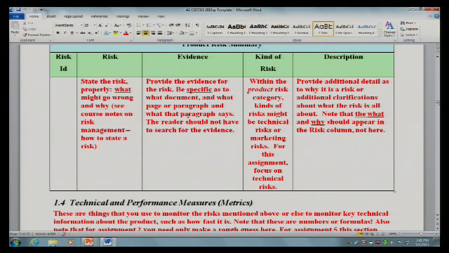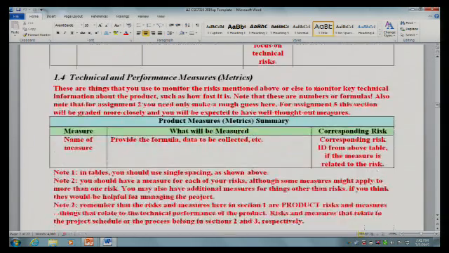Something that you could use if your boss was looking at this and saying, this guy wants all this money for risk management, and he's listed all these risks, but I don't believe any of them. The evidence would be what would convince the boss that it really is a risk, or at least might be. The description is just to provide a little more background information wherever.